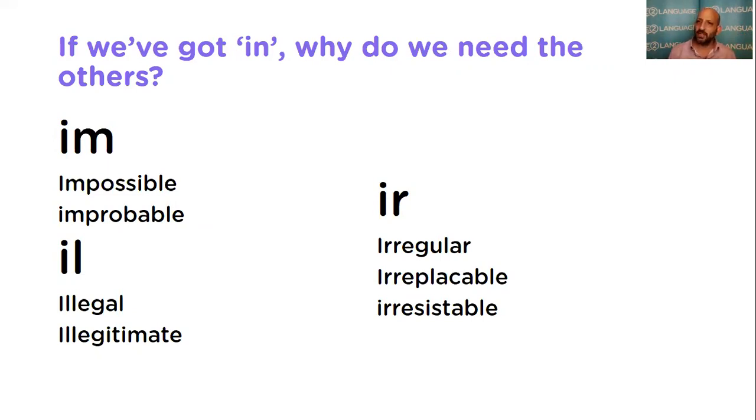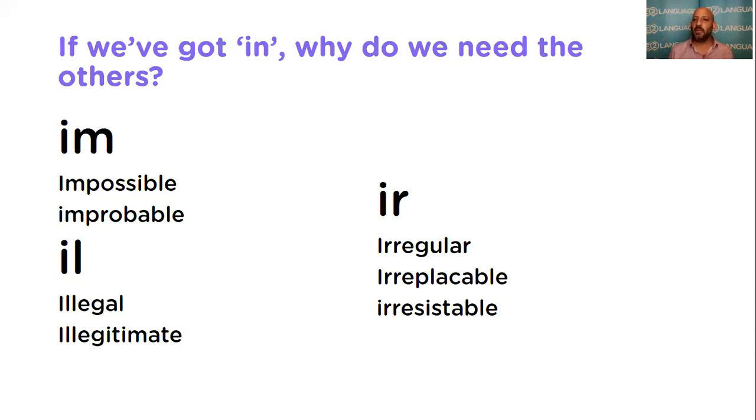So what the language has done is it has evolved, and this is all absolutely part of the language. It's evolved so that we have a more pronounceable sound preceding different first sounds in words. So if the word starts with an R, regular, replaceable, and resistible, it's an ir- word, irreplaceable, irresistible, okay?